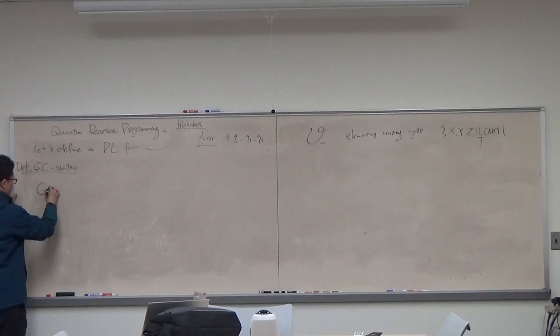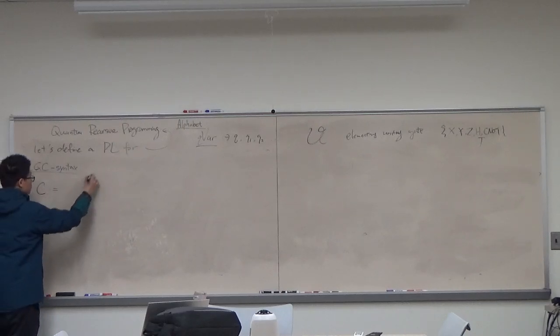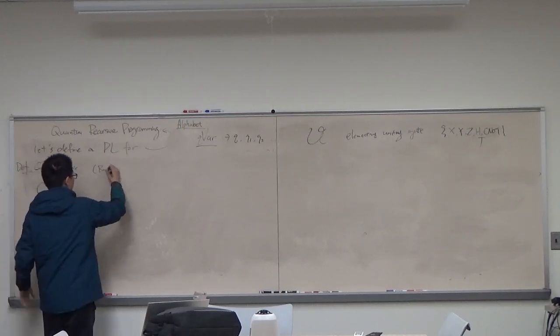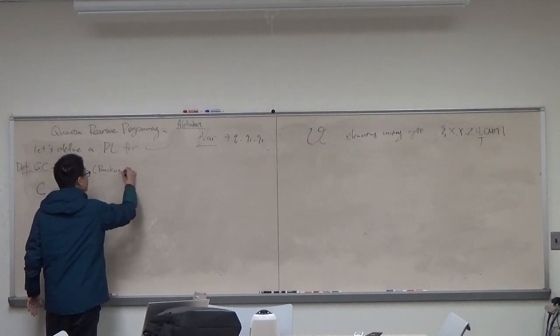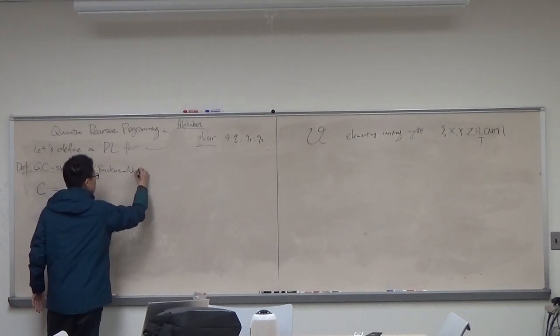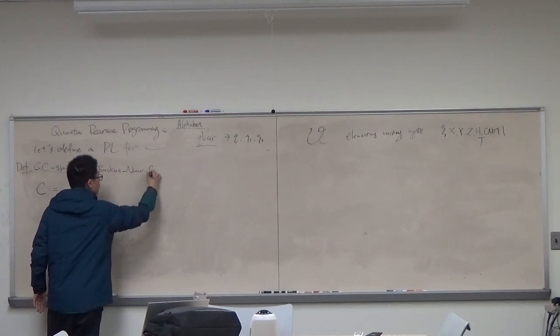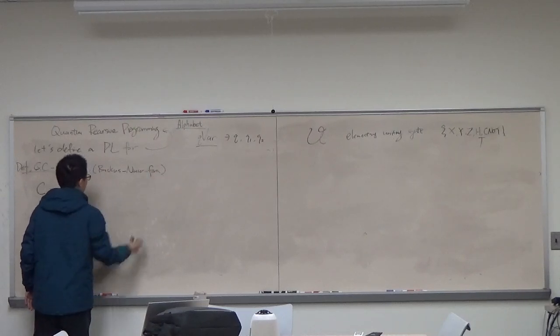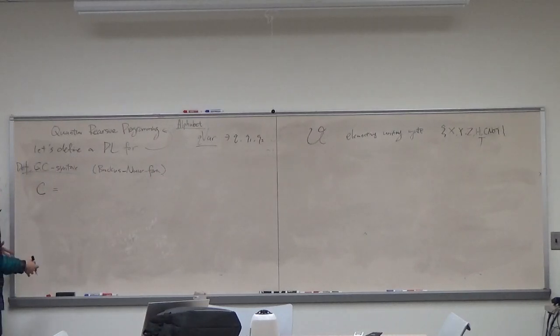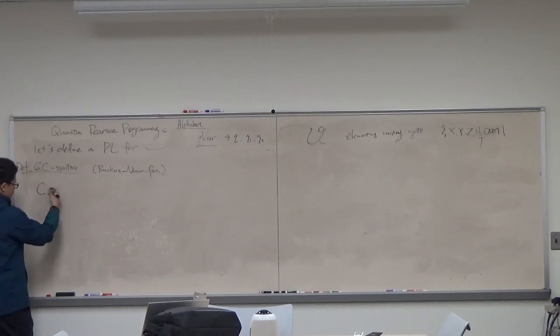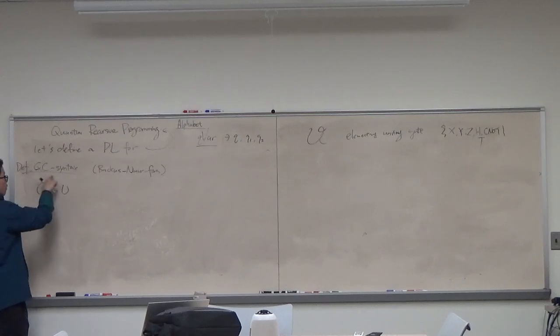So here I will use a standard BNF form, Backus-Naur form, to describe the syntax. So it is inductive, like a recursive definition. So C is a statement or circuit.